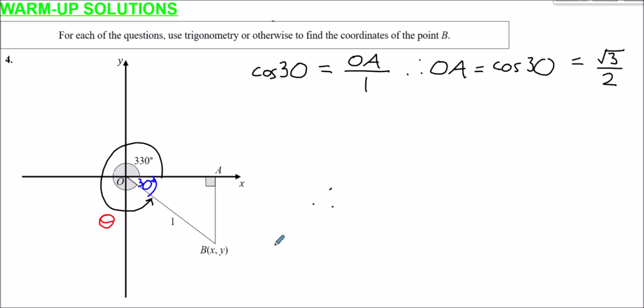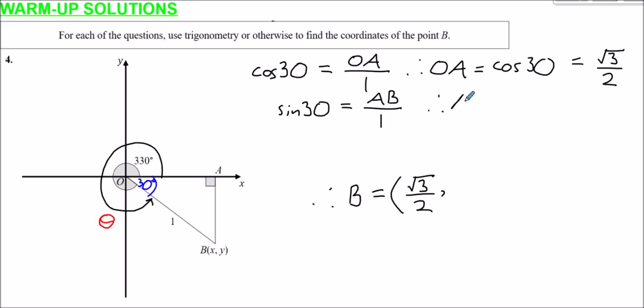So the x-coordinate of point B will be root 3 over 2, because the x-coordinate here is on the positive side of the x-axis, so it'll be one and the same as what we've worked out here. The length of OA will be the same as the x-coordinate. We now need to think about the y-coordinate by considering sine 30. The sine of the angle 30 will be the magnitude of the opposite side, which is the side AB, divided by the hypotenuse, which is 1.